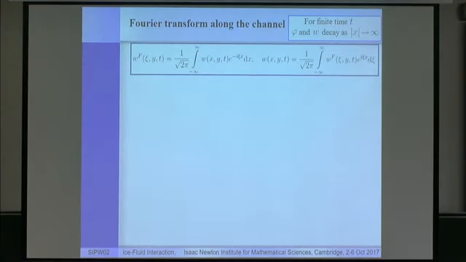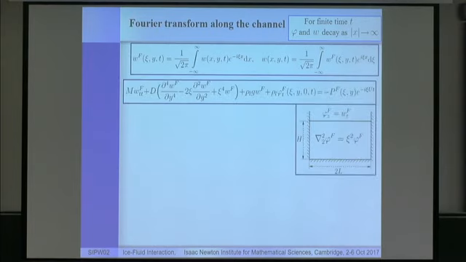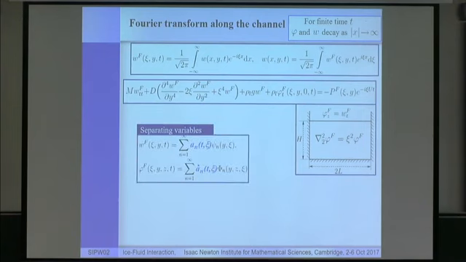And this problem was also solved through the Fourier transform, and after the Fourier transform we obtain this problem, with an elastic and a hydrodynamic part. To solve this problem we separate variables.